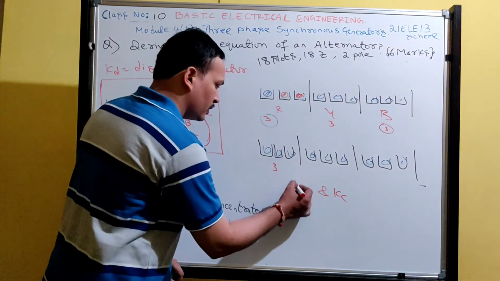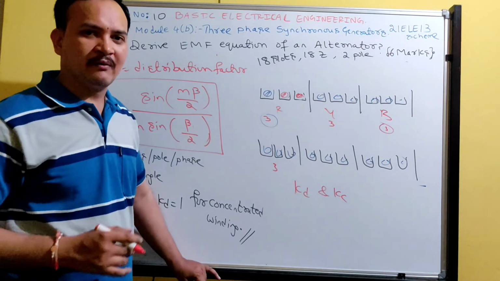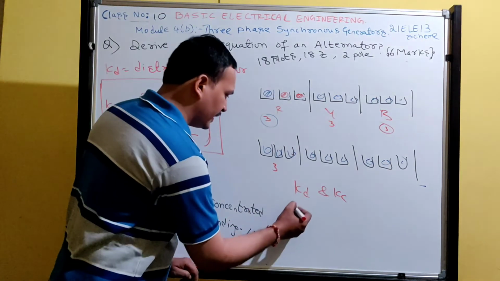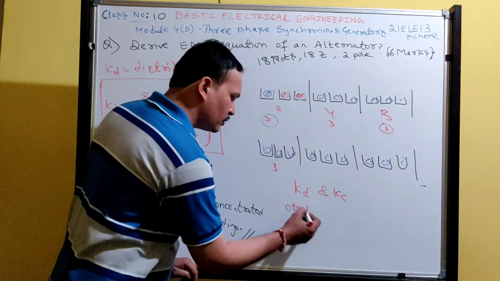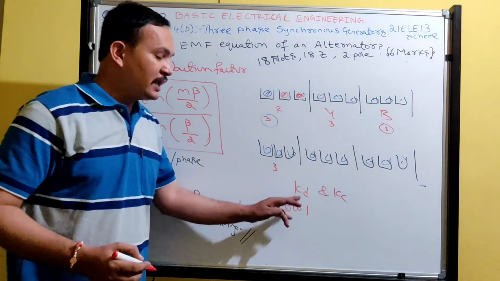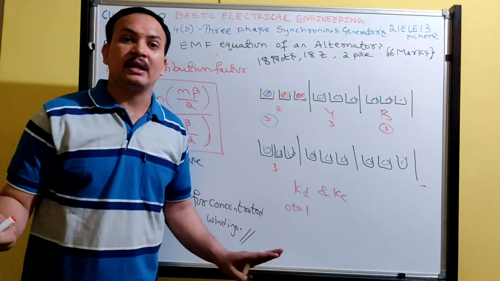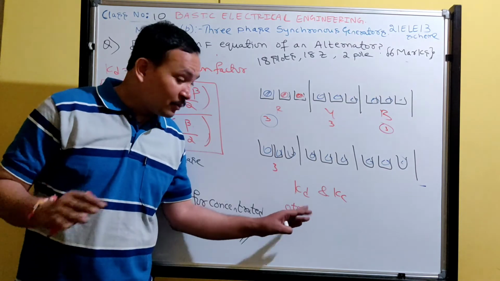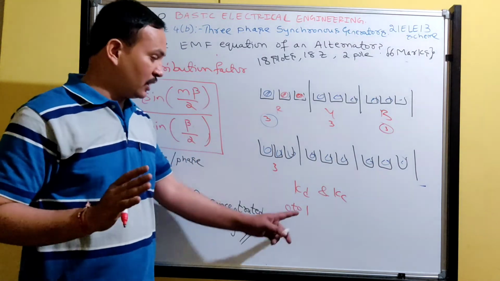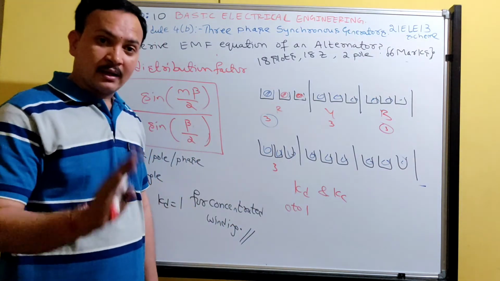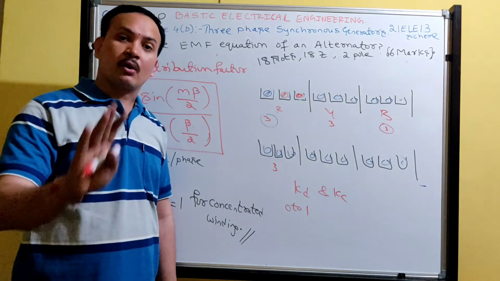The value of KD can range from 0 to 1 only. KD never becomes negative, and it won't become more than 1 either. If you got a KD value more than 1, that indicates you have done something wrong.